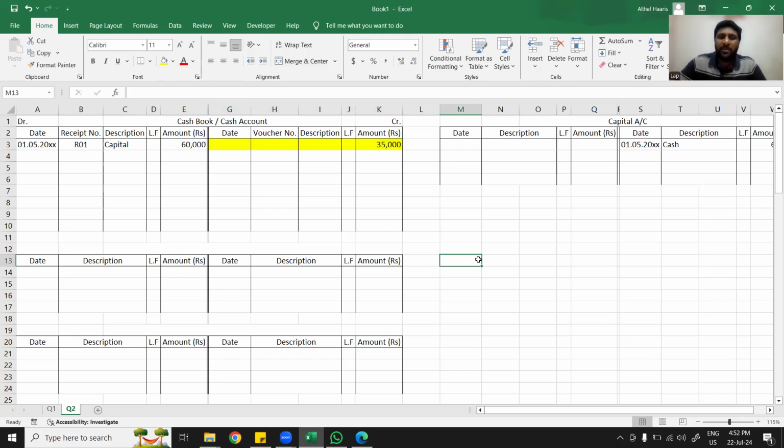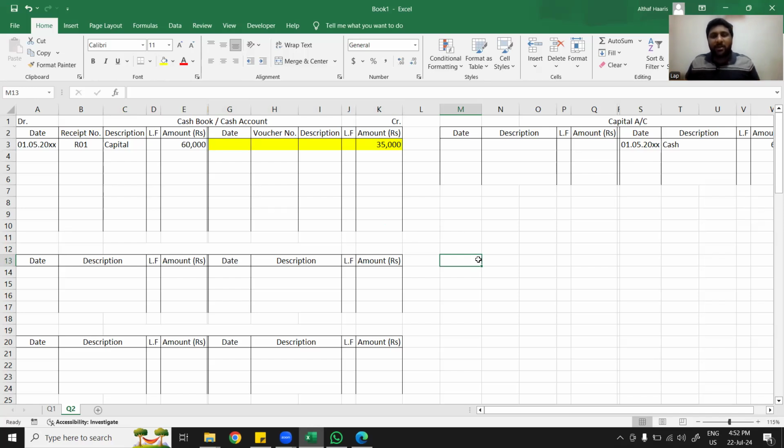Again you tell me: stock purchase, goods purchase, inventory purchase, they are all the same. Any kind of stock, your main trading item, if you purchase it, in which account are we recording it? This is the 127th time I am telling.